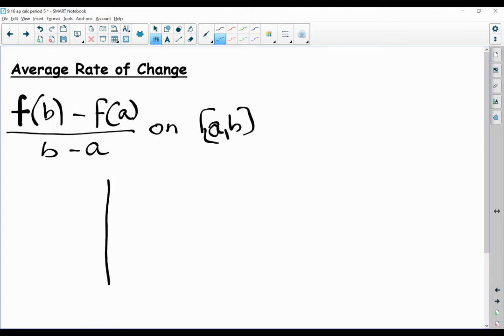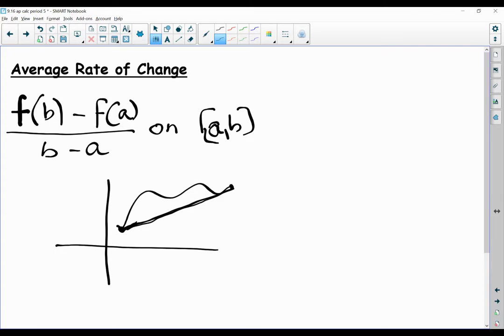So if I had a function that looked like this, and here's b and here's a, and I found the rate of change of that function, what I've done is I've said, what is the overall change? If I were to make it a straight line, a linear function between those two endpoints, what is the rate of change of that line?